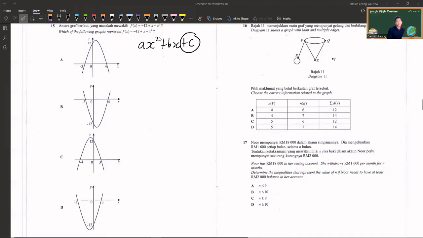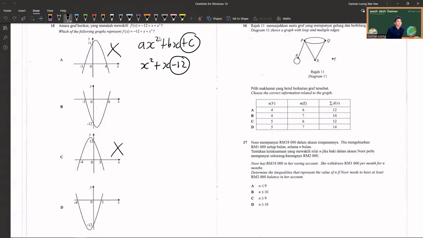So C merupakan persilangan dengan paksi y, so y intercept. So C in this case, if I rearrange, x squared plus x minus 12. So y intercept is minus 12. So should be negative 12. So either B or D. Bukannya A dengan C. Sebab persilangan dengan paksi y dia tidak betul.